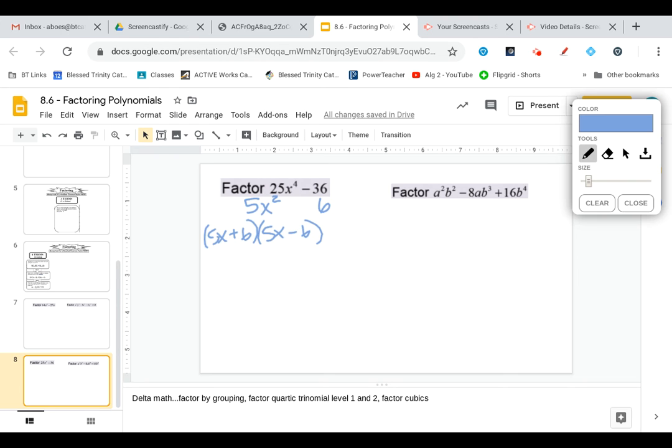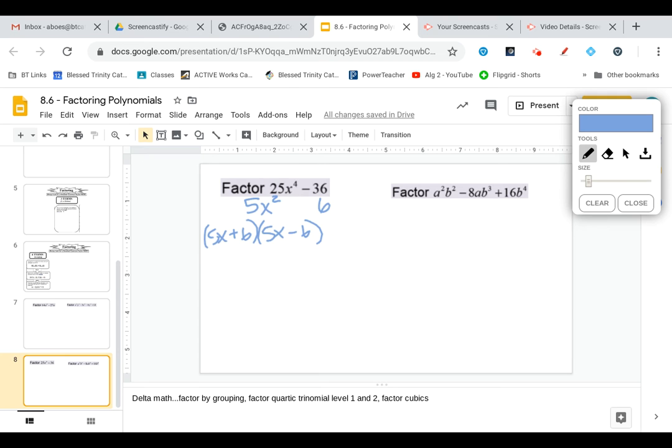Okay. So then my last one would be a squared b squared minus 8ab squared plus 16b to the fourth. Before I do anything, I want to look at this and say, okay, well, can I factor a GCF out of this? And the answer is yes.